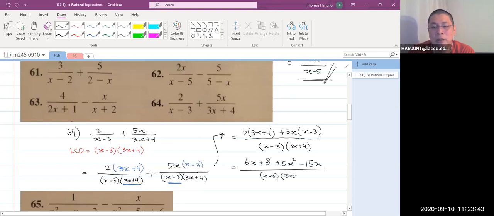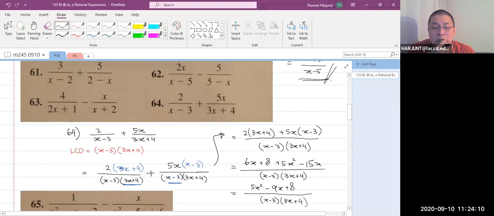The reason is I leave it in factored form in case later on they are factorable further and cancel. So we have 5x squared minus 9x plus 8 over (x minus 3)(3x plus 4).